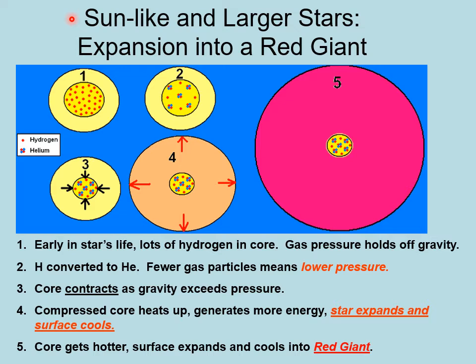For sun-like and larger stars, what happens is, first of all, when the star, like our sun, runs out of hydrogen inside of its core, so these little red dots in here represent hydrogen, they all turn into helium, right? They all fuse together to form helium. And what happens then is this core here contracts due to gravity. And when you compress or contract gas, it heats up.